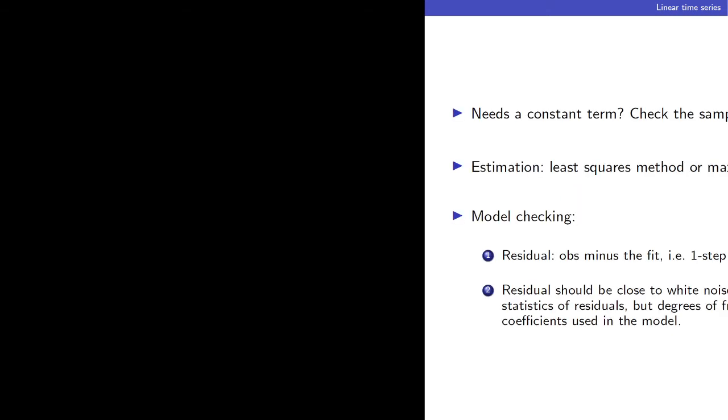Now, within the constant term, we check the sample mean. For estimation, we can use either the least squares method or the maximum likelihood method. I highly recommend maximum likelihood, because you need those estimates for AIC in case you use it. And now for model checking, the residual is the observation minus the fit, which is basically the one-step-ahead forecast at each time.